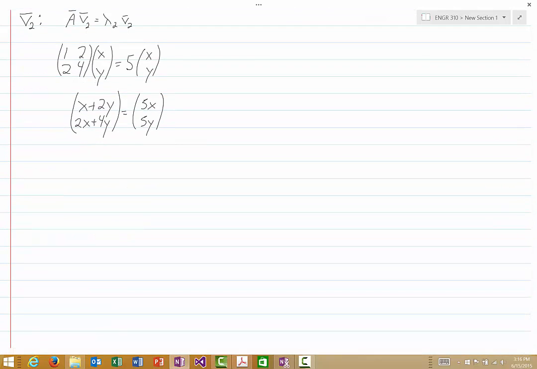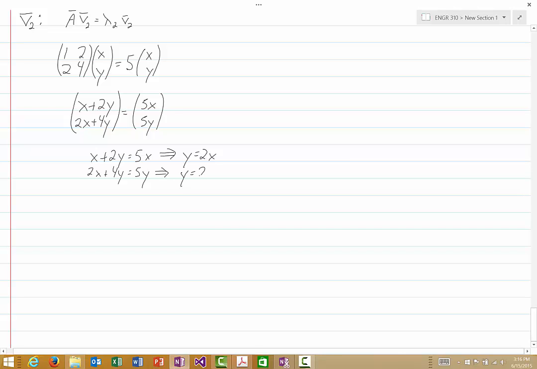And now when we equate these, we get x plus 2y is equal to 5x, and 2x plus 4y is equal to 5y. In the first equation, we subtract x from both sides and then divide by 2, and we get y equals 2x. And for the second equation, if we subtract 4y from both sides, we get exactly the same, y equals 2x.